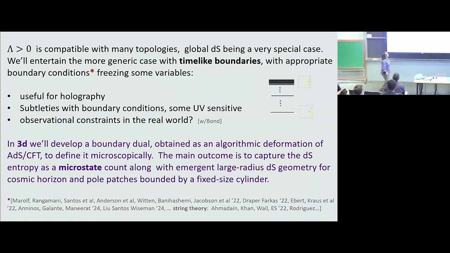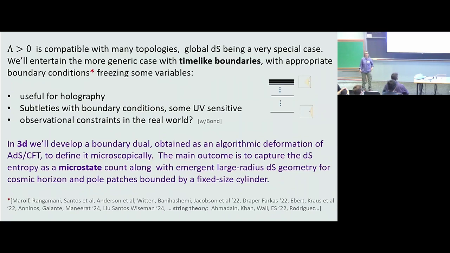Okay. Now, the next thing I'm going to do is recognize that gravity is geometry and topology. And topology is much more general than, say, the global de Sitter space-time. In particular, if time-like boundaries are allowed, and there's a very active research program going on to understand that, especially in 4 dimensions, but if they're allowed at all, they are quite generic.